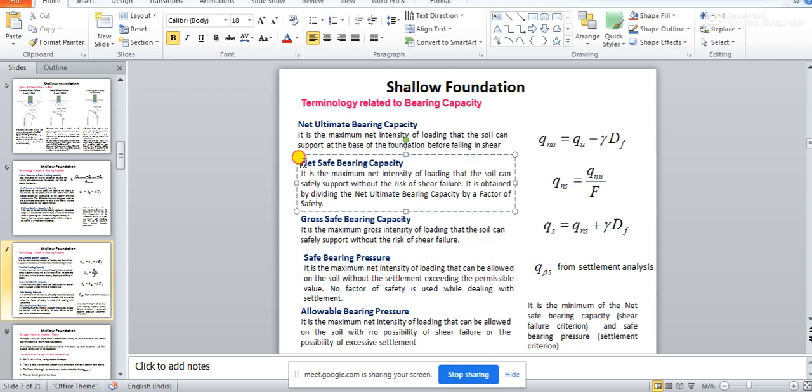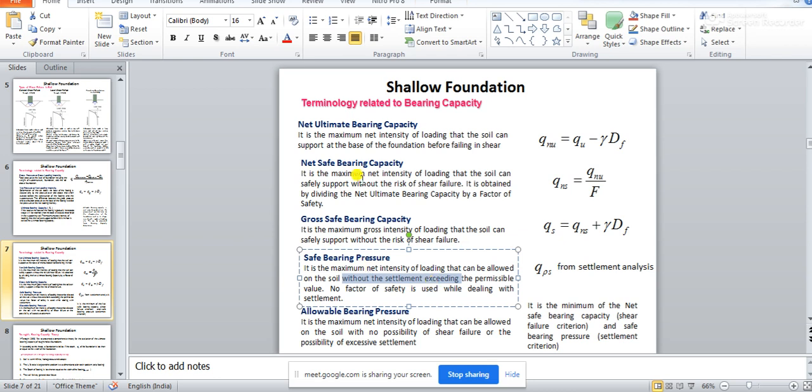In net safe bearing capacity you are minimizing or removing the risk of shear failure. In the case of safe bearing pressure, you are removing the risk of settlement failure or exceeding the permissible settlement.